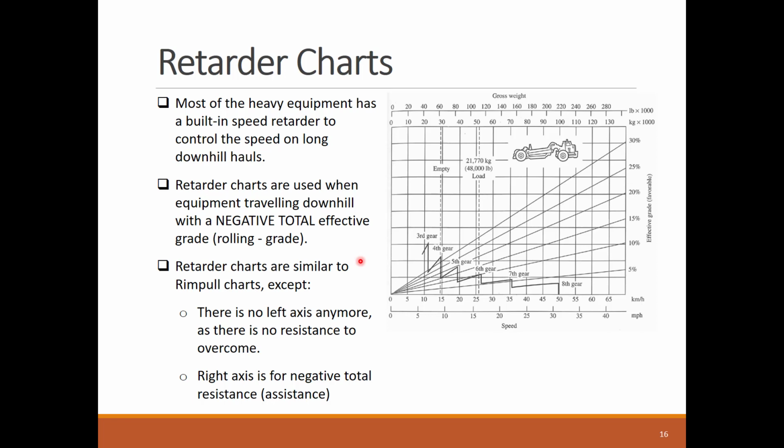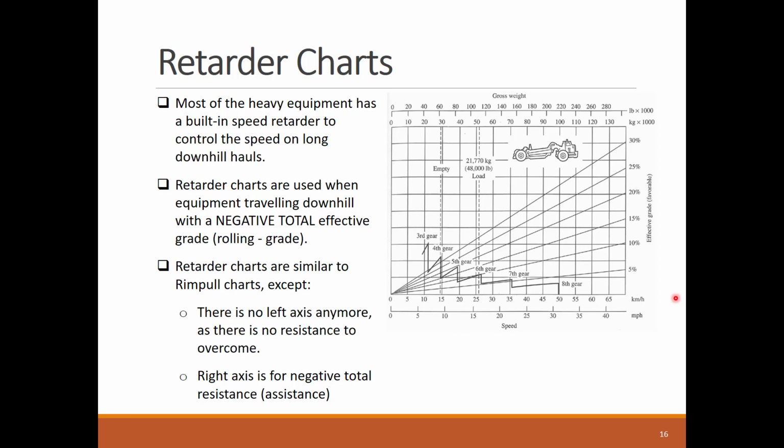You can also see that the effective total grade is now favorable, and these values are actually negative grades. Also, you can see that the power speed curves have that interesting sawtooth shape, where the vertical drops mark the points where the retarder device activates.